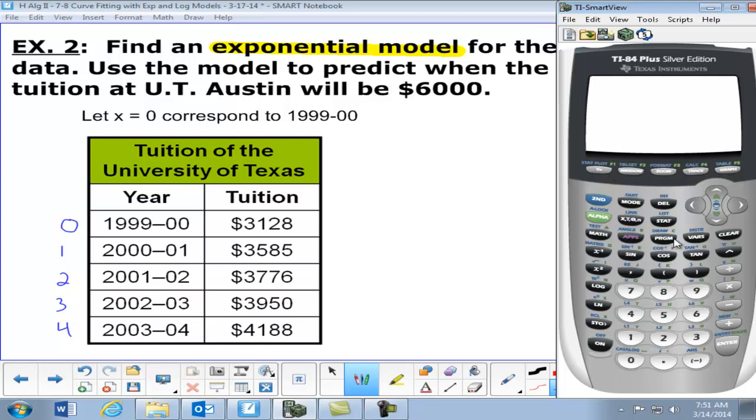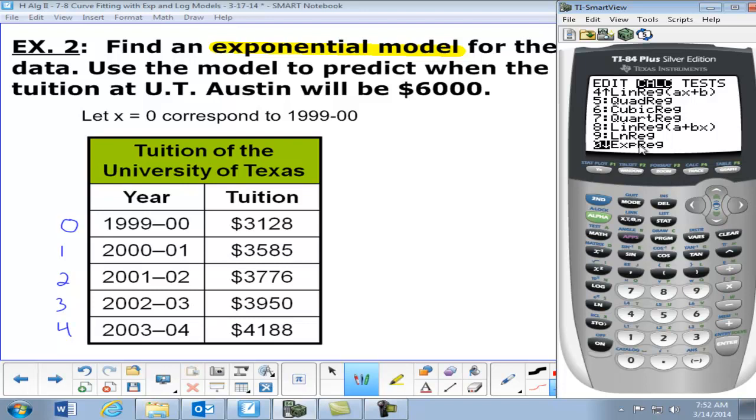Once we get our lists entered, remember we go second, quit, so go home. And now you're going to go to stat, and we're going to go over to calculate. And you're going to go down. You can see our linear regression was number 4, quadratic regression was 5, cubic regression is 6, quartic regression is 7. But if you keep going past 7, you see exponential regression is down at 10 or at 0.